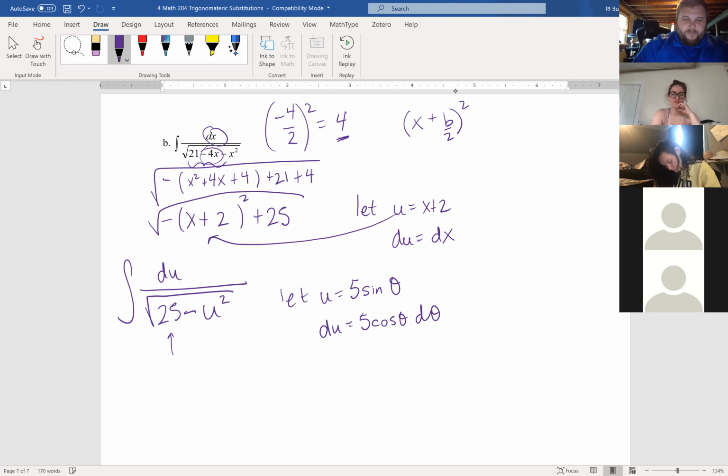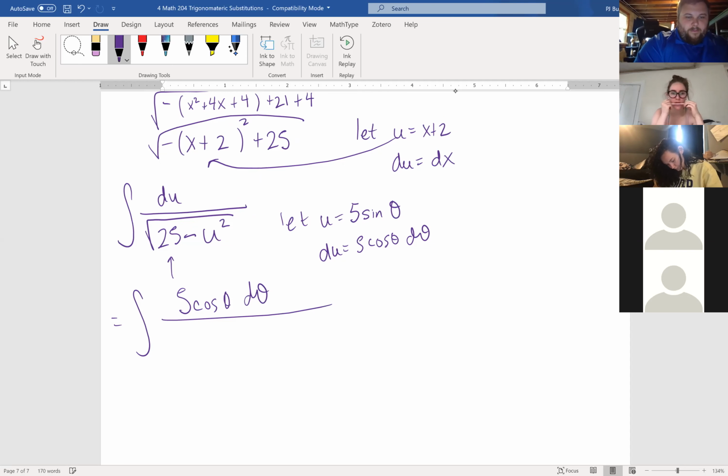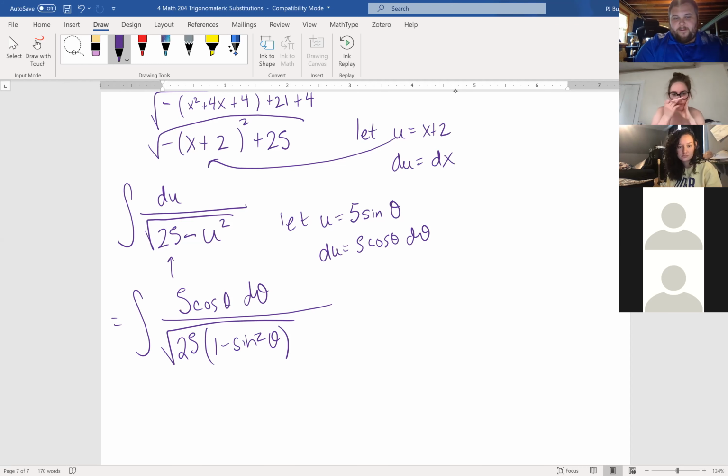So go ahead and make all the substitutions. All right, so this is now going to be 5 cosine theta d theta on top. On the bottom, both of the terms would have a 25 in them, and it's going to become 1 minus sine squared. I just skipped one step there, right? I'd plug in u, I would square it, and then factor out the 25.